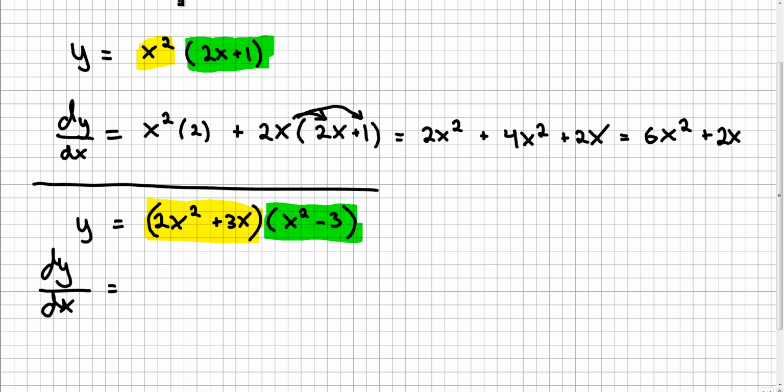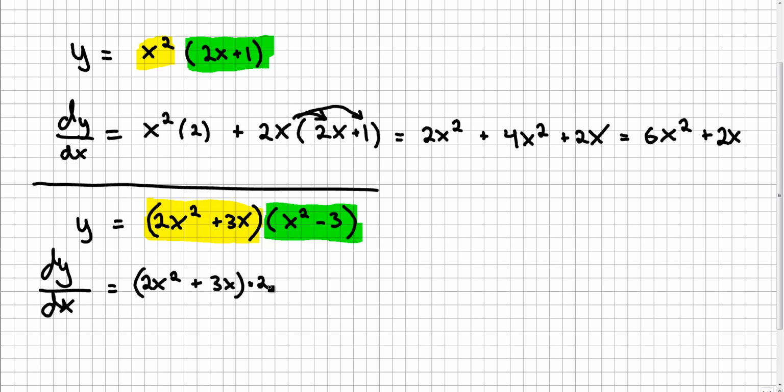So let's have a look at the first example. What did we do? We took the first one and we didn't touch it. We just wrote it out as it is, plus 3x, and then we multiplied it by the derivative of the second one. So what's the derivative of this? Well, it's going to be 2x, and this is going to be 0, so times 2x.